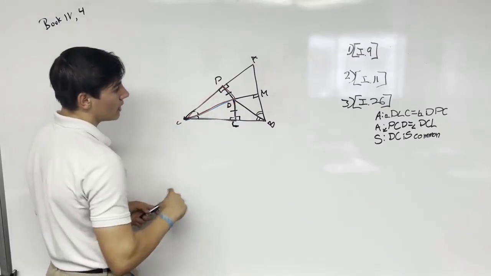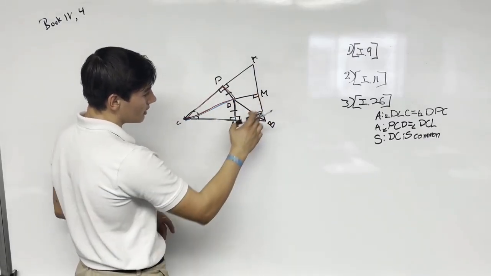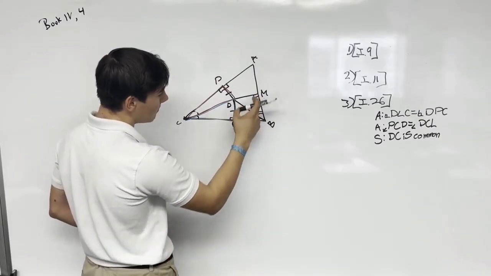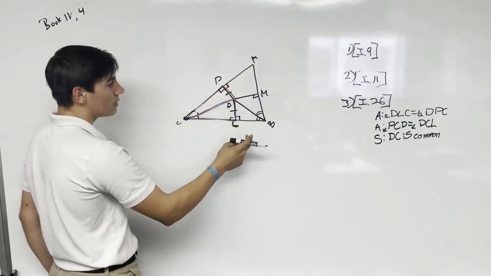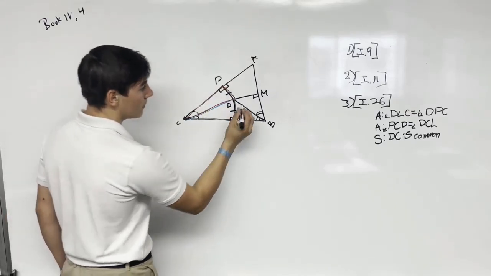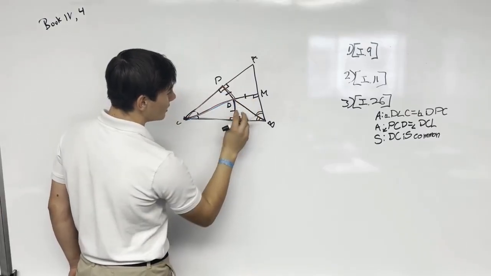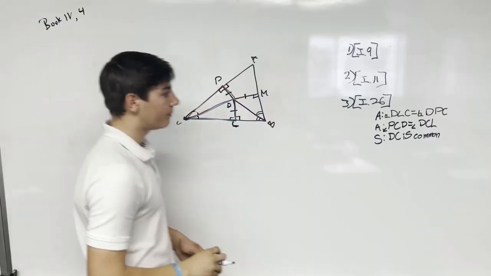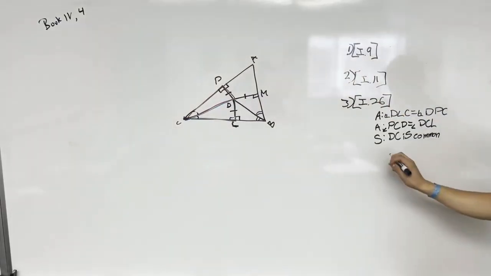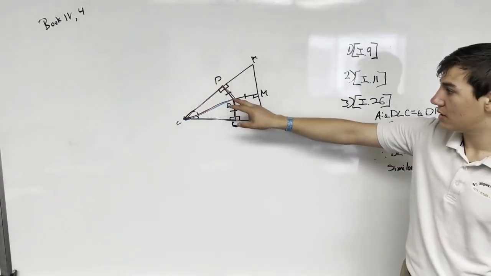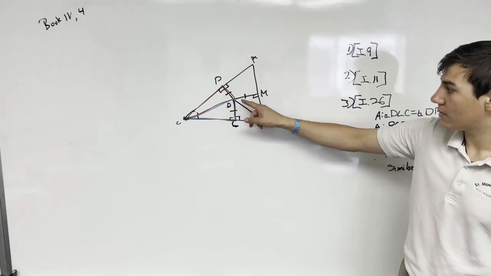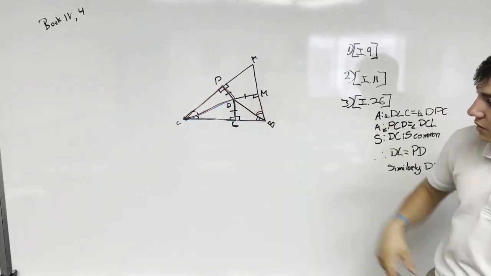So that proves that DM, the remaining side of triangle DBM, is equal to DL, which is the remaining side of DLB, which we just proved to be equal to PD. Therefore, all 3 sides here are equal. Now that we've proved that DL is equal to DM and that DL is equal to DP, we know that DP is equal to DM, which is also equal to DL.